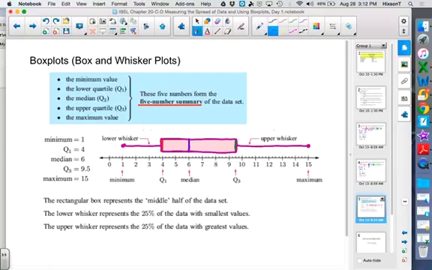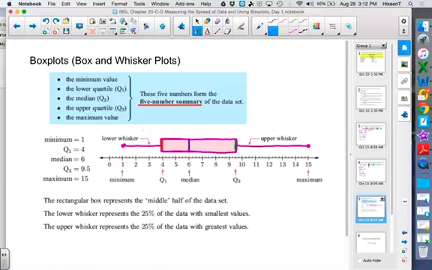Notice the upper whisker is longer, right? What does that mean about the data? What does it tell us about the data in the upper 25% compared with the data in the lower 25%? Yeah, it's more spread out. Those people in the bottom 25% were kind of grouped together a little more. The top 25% we have spread out a little more.